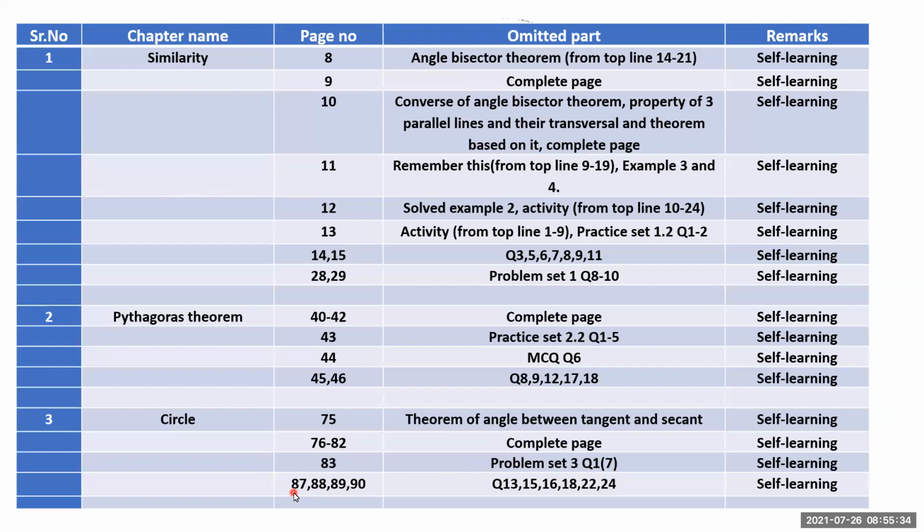Then page number 87, 88, 89, 90, we've got question number 13, 15, 16, 18, 22, and 24. Is this clear? You can remove the screenshot of this, and you can mark this in your textbook afterwards.